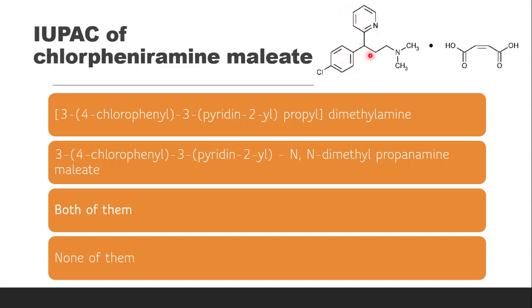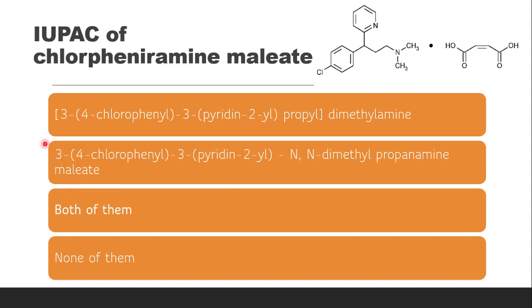Both rings are present at the third carbon. At the third position there is one substituent named chlorophenyl, and this is pyridine-2-yl. Why is it 2-yl? Because nitrogen is present at position 1. Actually numbering should start from this, but the attachment is on this position. So it is pyridine-2-yl, and this is propyl, and this is dimethylamine.